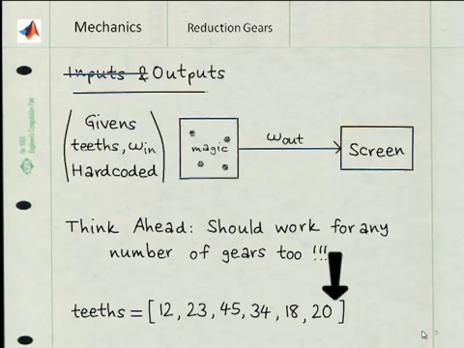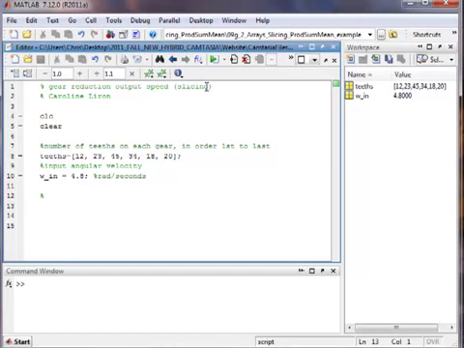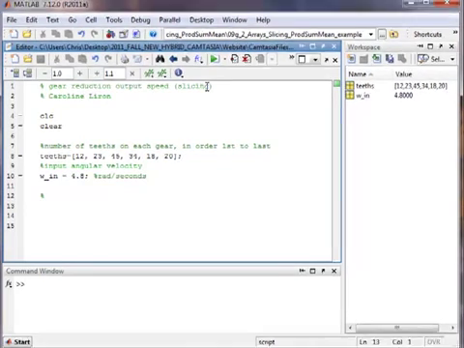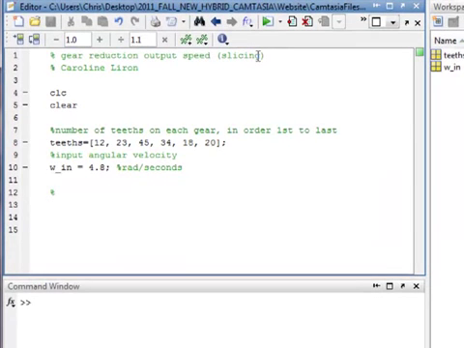But we're going to keep an open mind as if I want to add another gear at the end, it should be easy. As far as the script file is concerned, the givens are already set up. Teeth equal 12, 23, 45, 34, 18, and 20, and the angular rotation for the input wheel for the first gear is 4.8 radians per second.